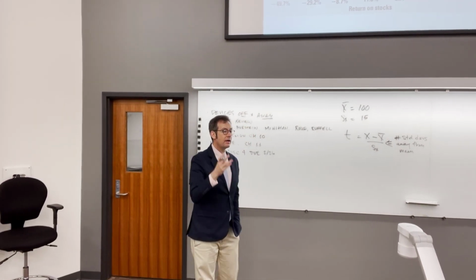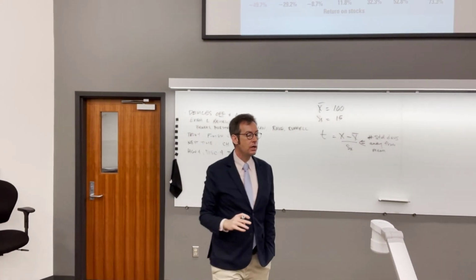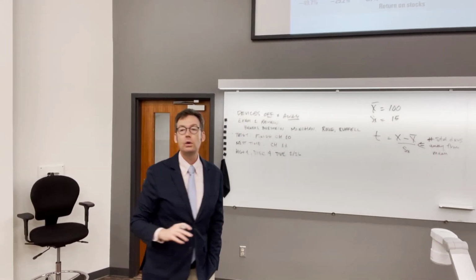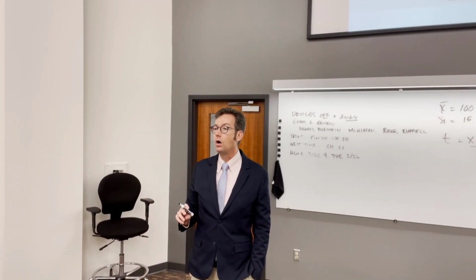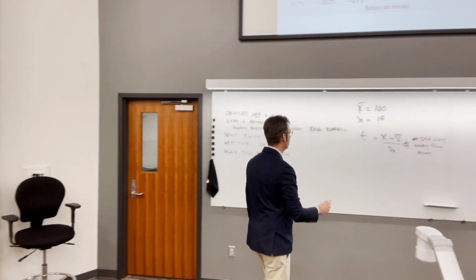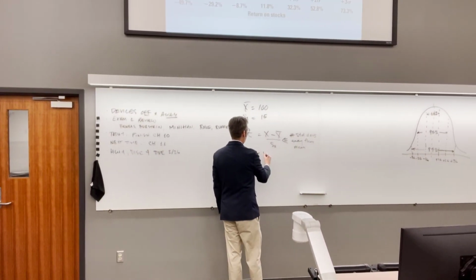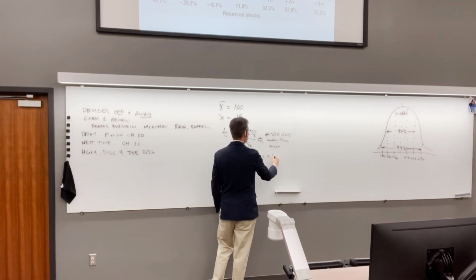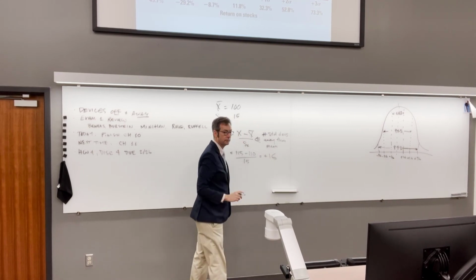Okay, so if I ask you, what is the percentage of people who have an IQ of 115 or below? Here's how we'd start out on that. We'd say 115 minus 100 divided by 15 is equal to plus 1 standard deviation.